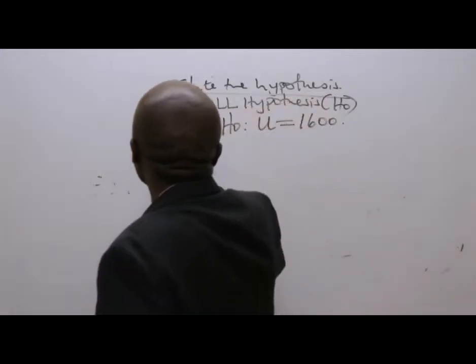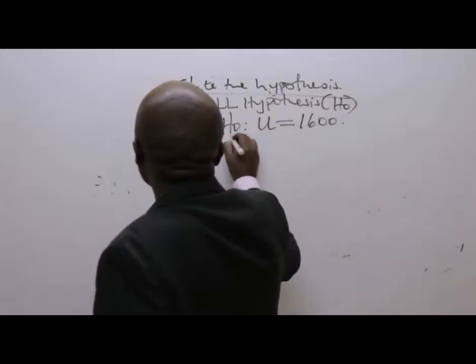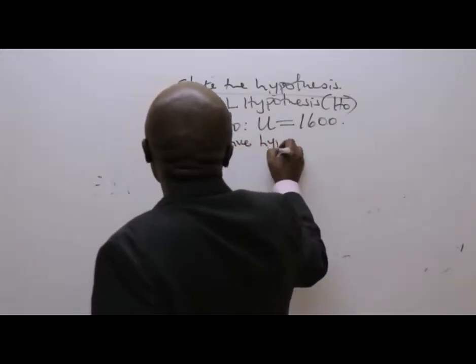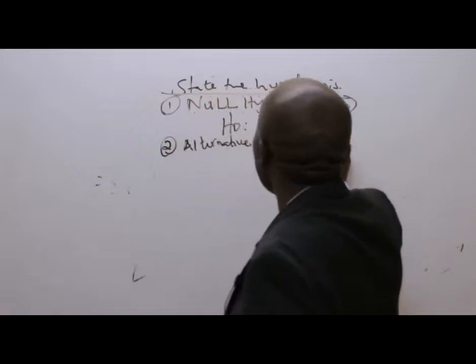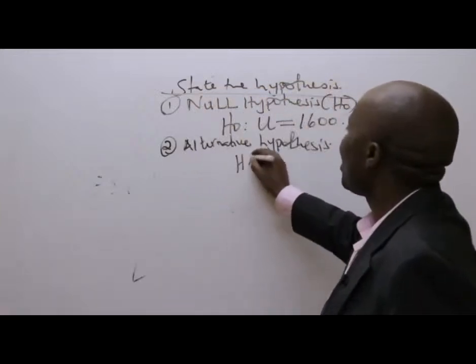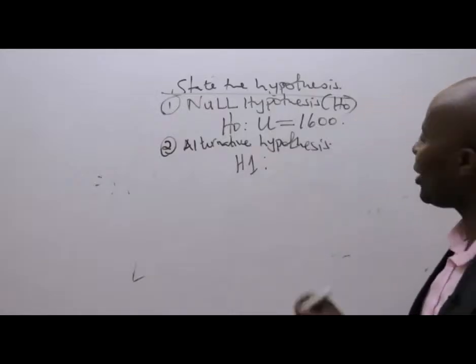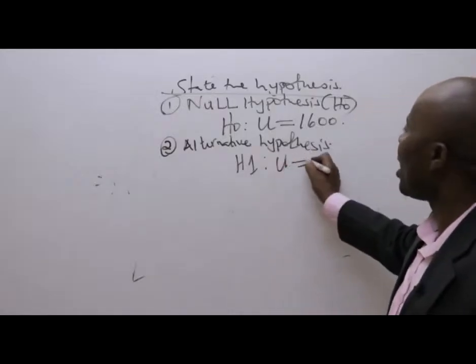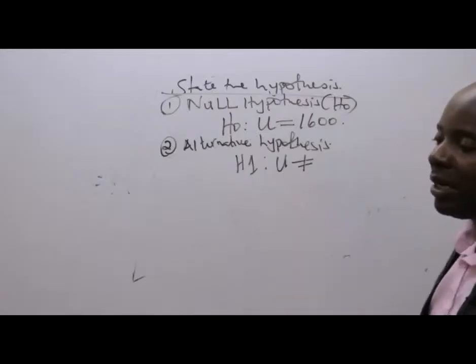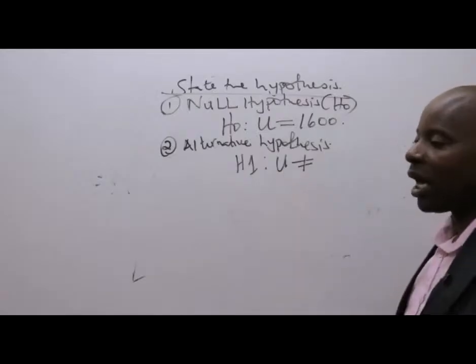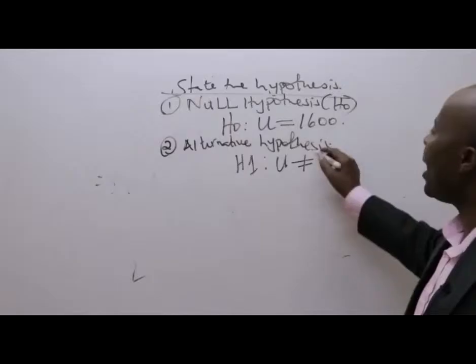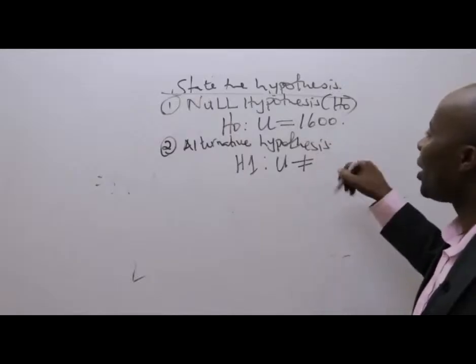So meaning that, ladies and gentlemen, we have what we call the alternative claim or alternative hypothesis, which we shall be denoting as H1. U stands for the mean. Our lifetime here could either be more or less than 1600.